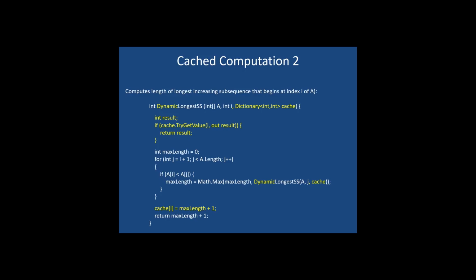When I'm done, I take the answer and store it in the cache before I return it. That means the next time someone needs to know the solution to a subproblem, we've already computed it. So it takes what would be an exponential algorithm and turns it into an n squared algorithm. Makes a huge difference.